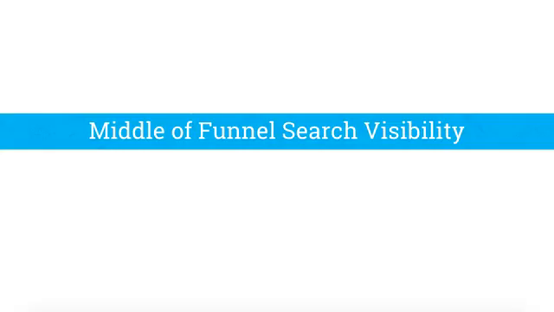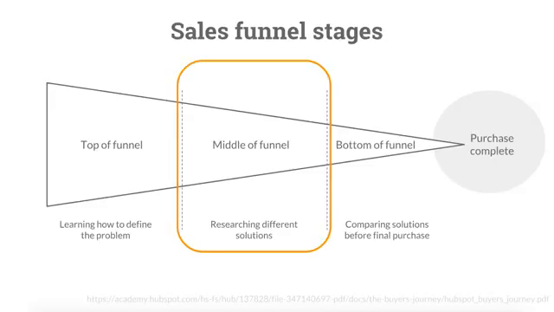Now, we're also going to report our middle of the funnel search visibility. So you'll remember this in the sales funnel stage, the middle of the funnel refers to keywords that are related to comparisons. This is a phase in which your customer is in where they already have an awareness of the products in your industry, the services, what they need, and maybe now they're doing a little deeper research.